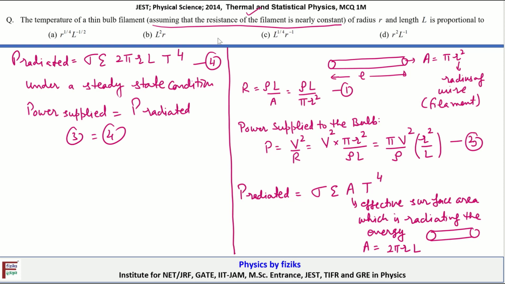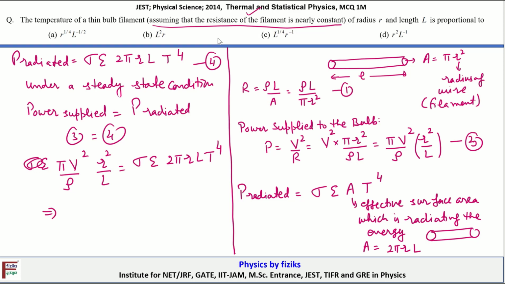So when we do that, the power supplied is given by equation 3, that is pi V square by rho and then R square by L, and that is equal to sigma E, that's emissivity, and then 2 pi RL into T power 4.